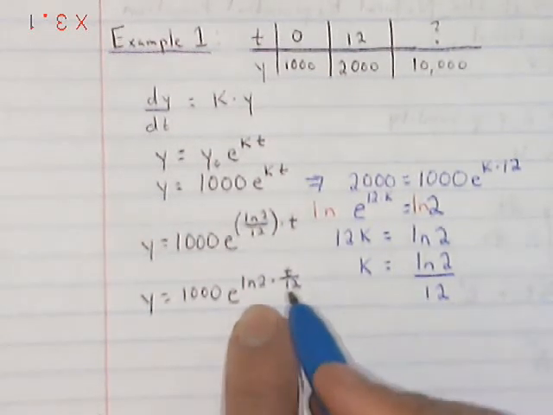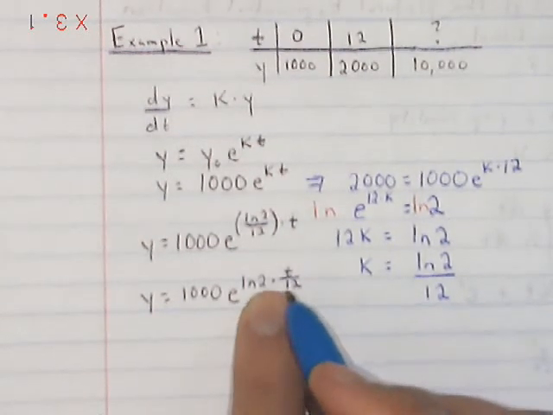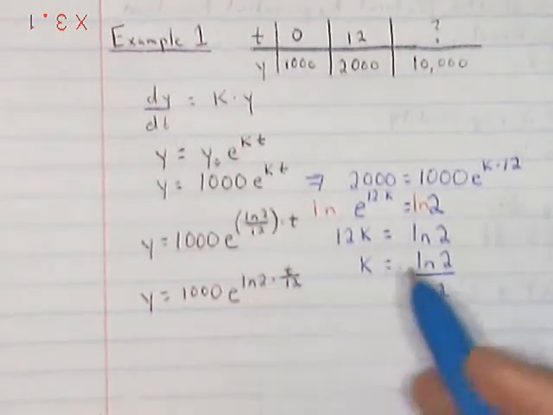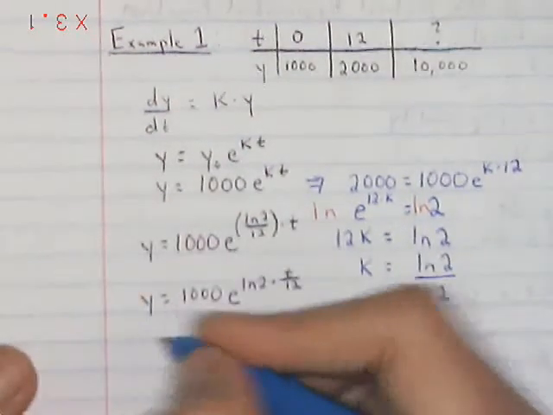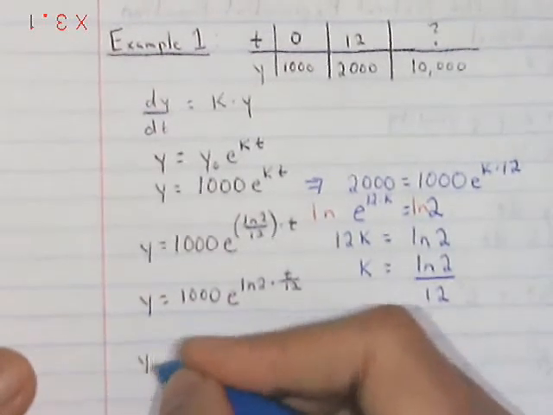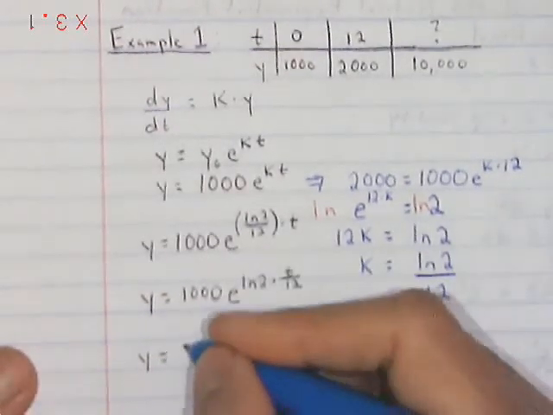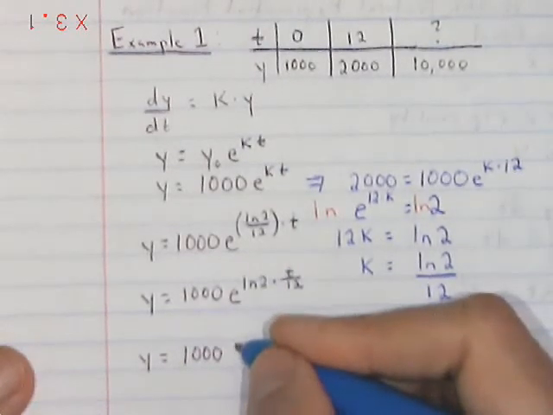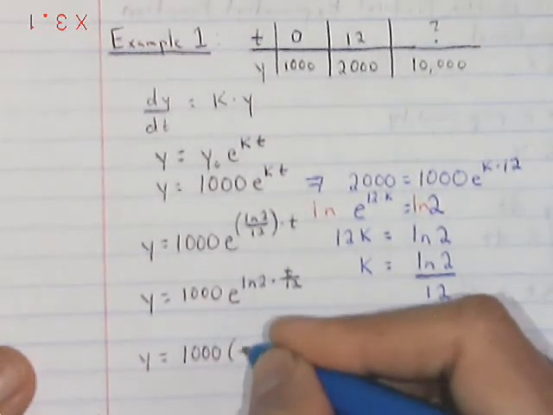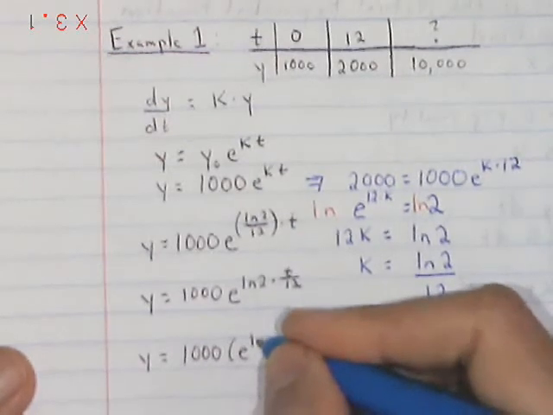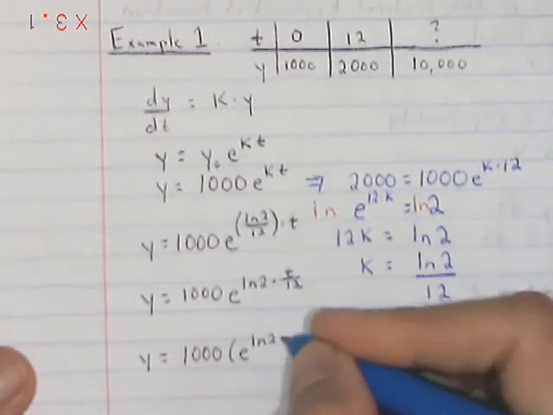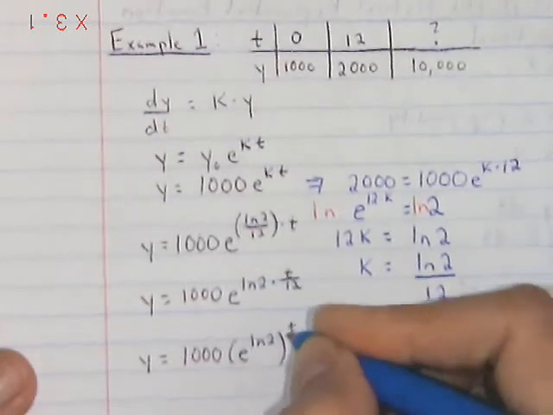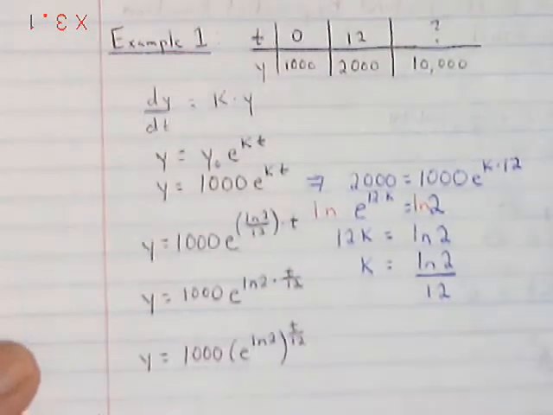Then if we remember our laws of exponents, multiplying exponents means that we've raised one exponent to the other. So we can rewrite this as y equals 1,000 times e raised to the ln of 2 to the t divided by 12.